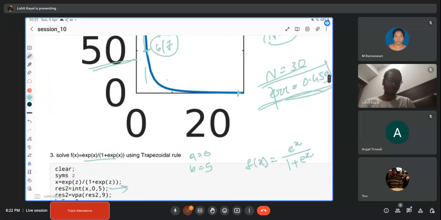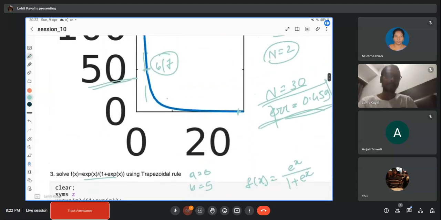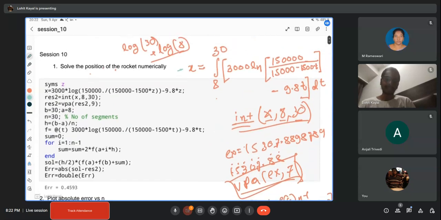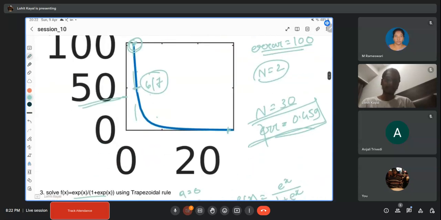The answer is much more accurate compared to the trapezoidal rule method, and the error reduces drastically. Here you can see a smooth decay for the trapezoidal rule, but when I show you for Simpson, you will see that it is nearly a straight line and then zero. A very sharp decay will occur for Simpson's rule.